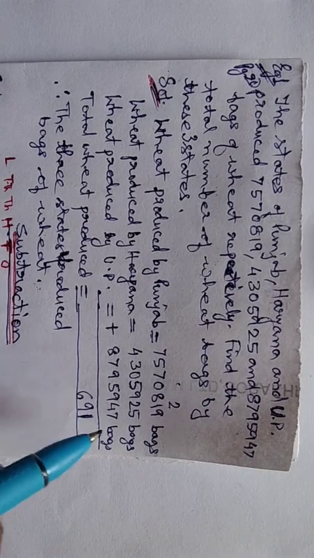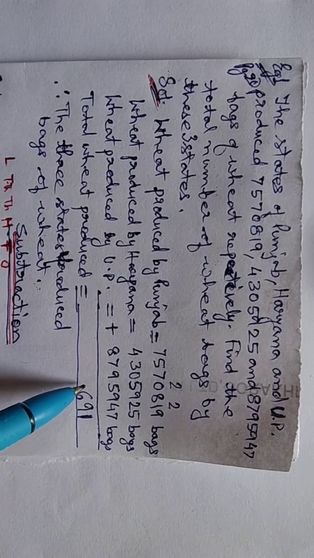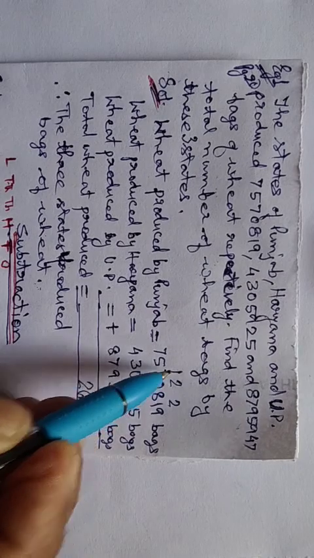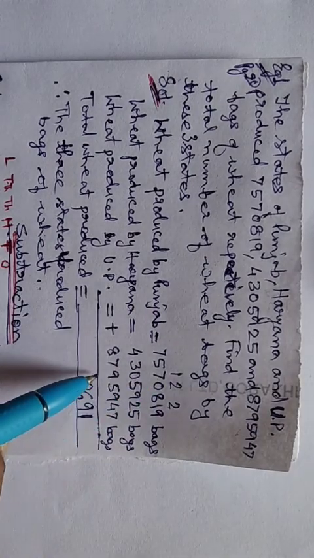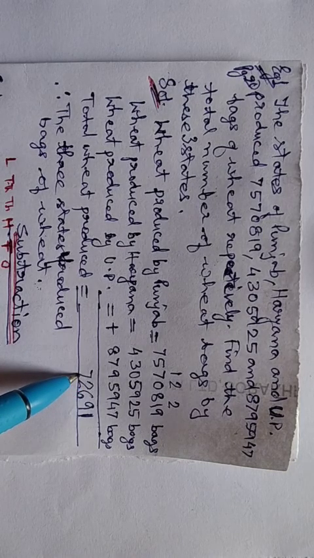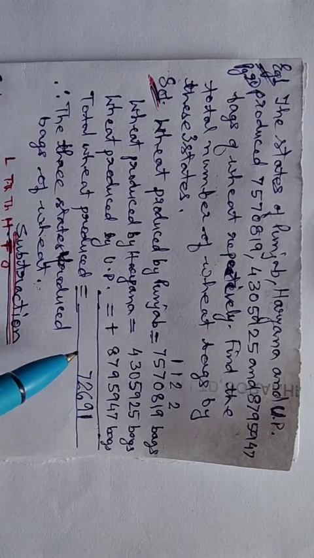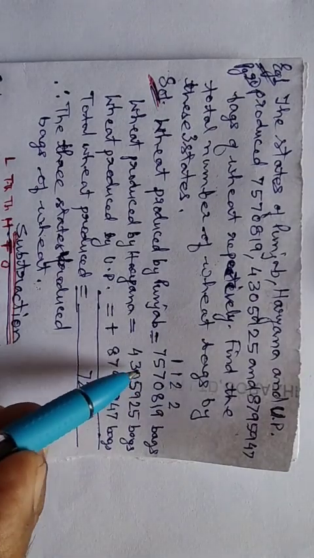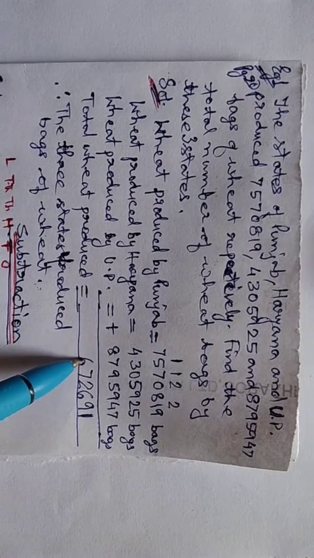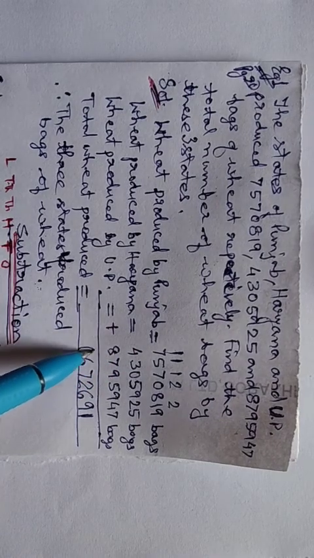So write 6, carry over 2, and after addition you will get 12, and next you will carry over 1 here. Simple addition, add these columns, and you will get 7. Then after addition again we get 17, so write 1, carry; add 5 plus 1, 6 plus 3, 9 plus 7, 16, and carry over 1. At last, after addition you will get 20.